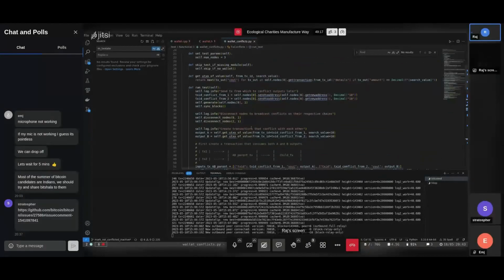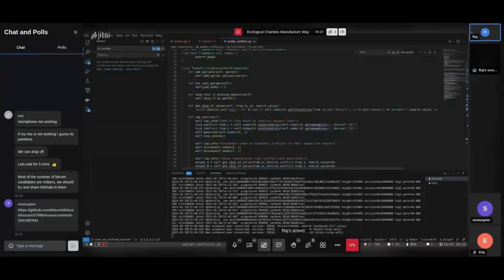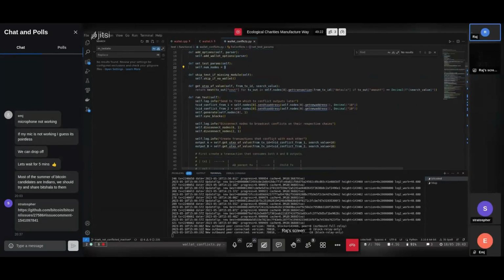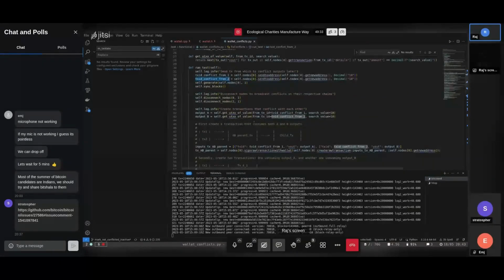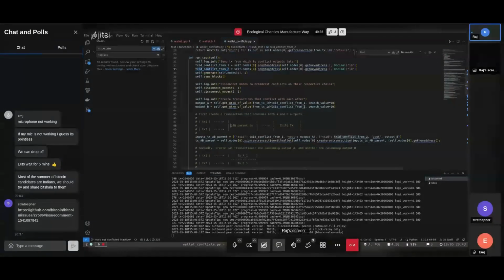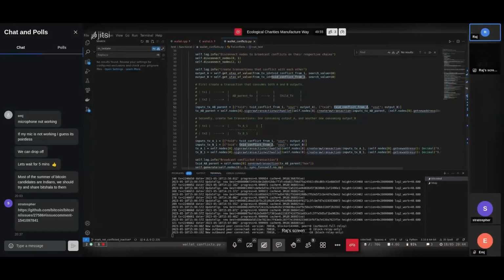It's interesting. So what they're doing is they have three nodes. The number of nodes is three, and they are telling the first node to create two transactions, conflict one and conflict two. So these are the two transactions being created, and then it's creating a transaction that is spending the outputs of these two transactions. So AB parent has two inputs, one output from transaction 1 and another output from transaction 2.